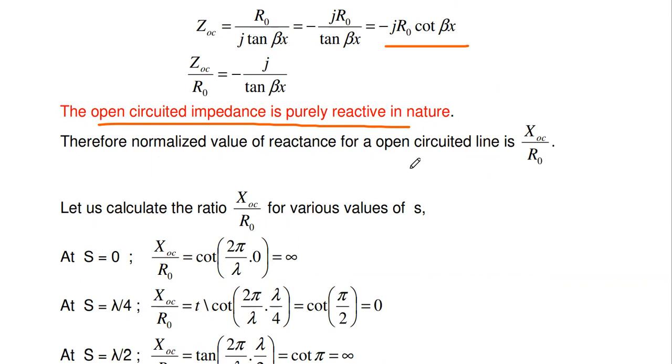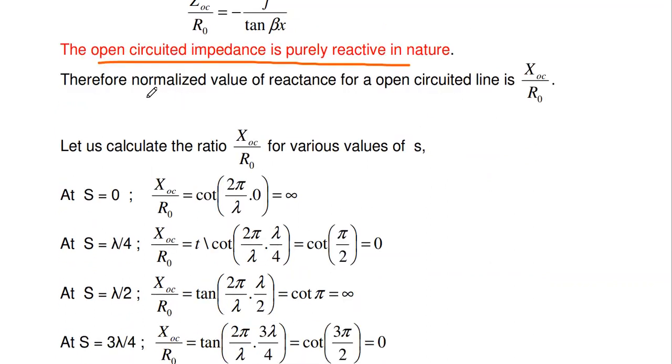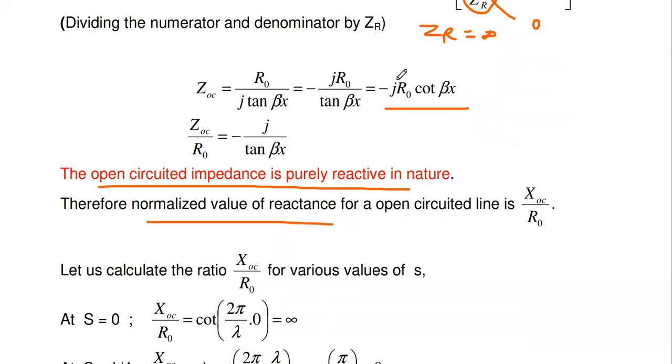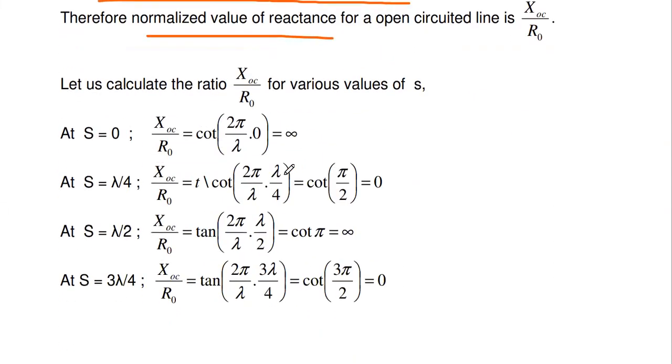First we have to calculate the normalized value of reactance, XOC divided by R naught. Dividing by R naught, ZOC by R naught is equal to minus j by tan beta x. Now for various values of distance, S equal to 0, lambda by 4, lambda by 2, 3 lambda by 4 and lambda, we are going to calculate.